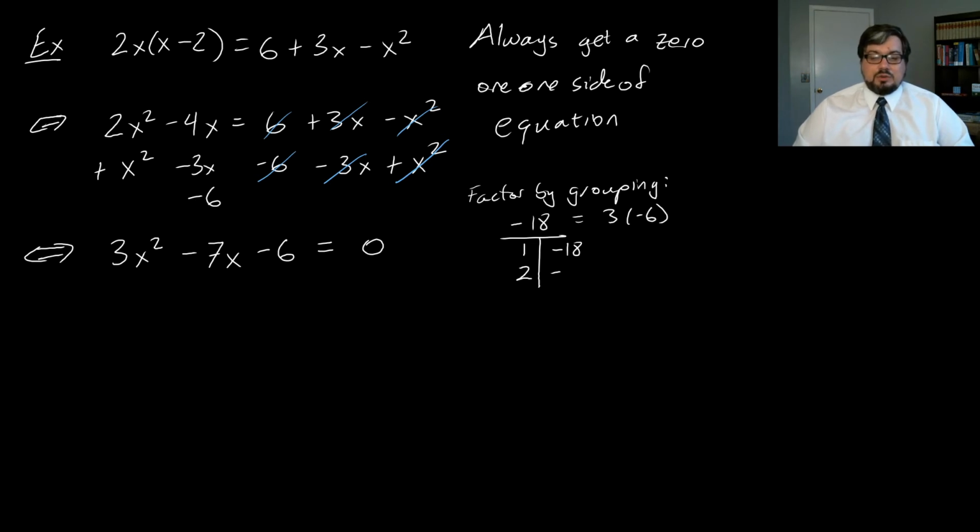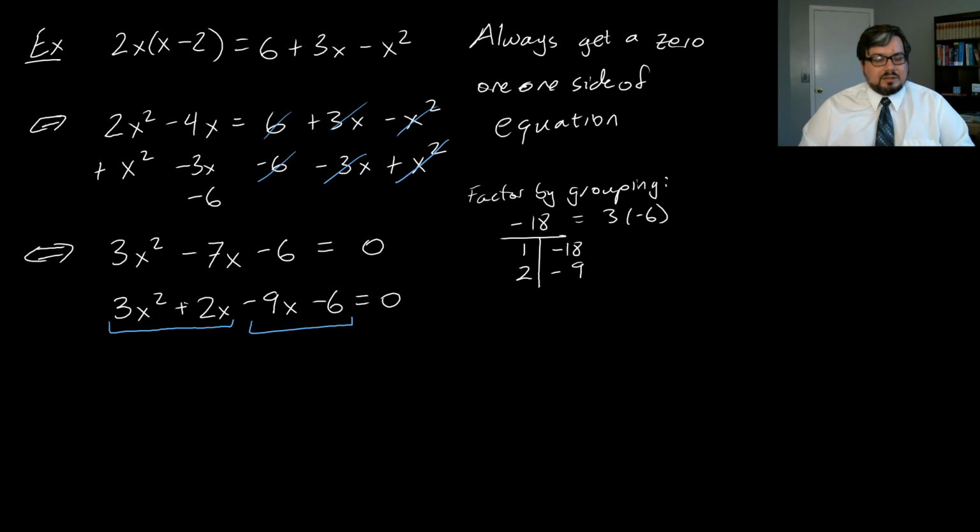And then 2 times negative 9, do those add up to negative 7? Oh, they do. Okay, great. So now I can rewrite the polynomial over here as 3x squared plus 2x minus 9x minus 6 equals 0, and do my factoring by grouping thing.